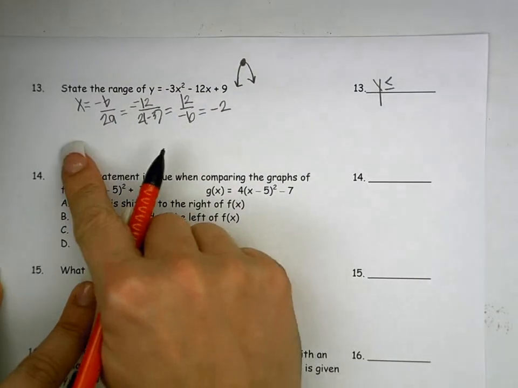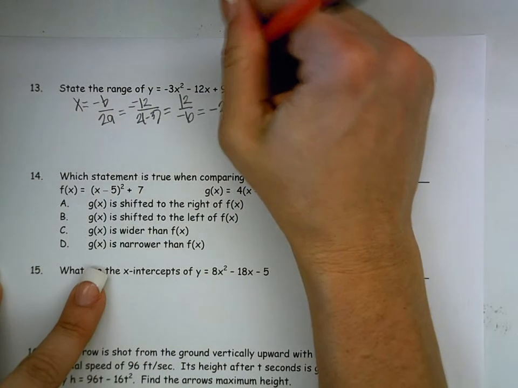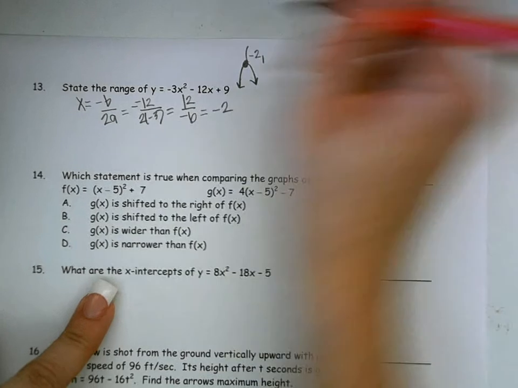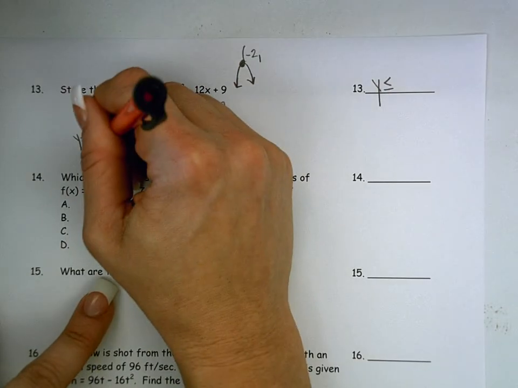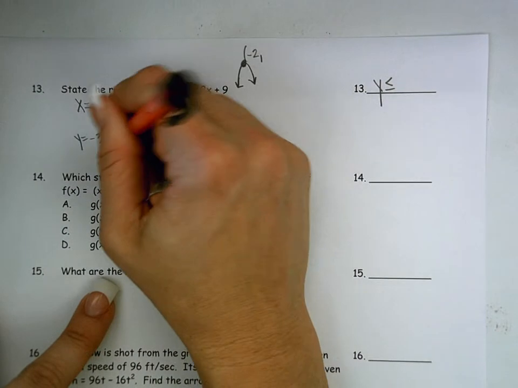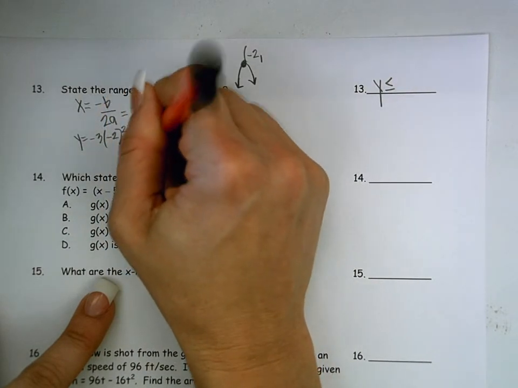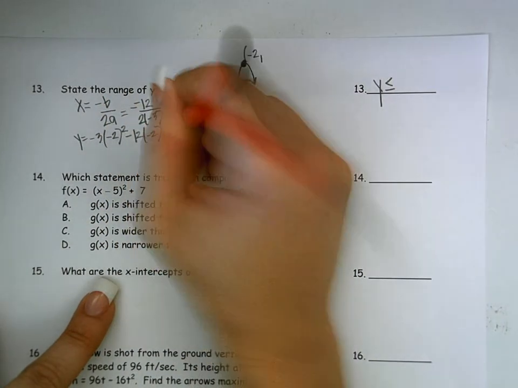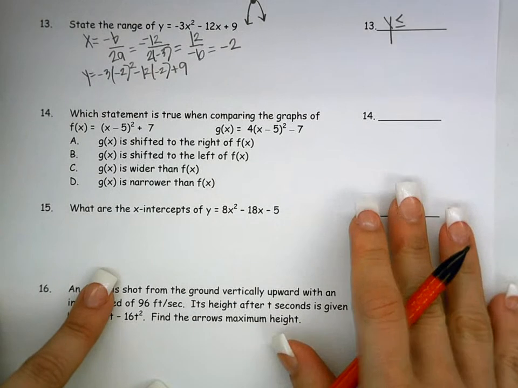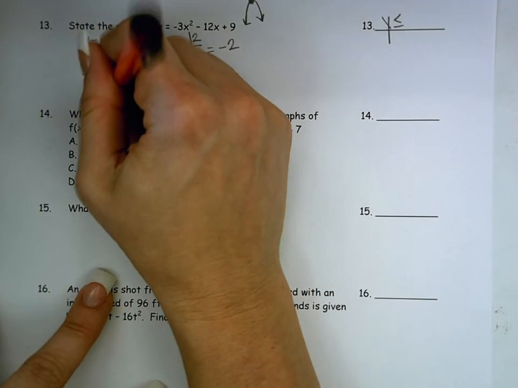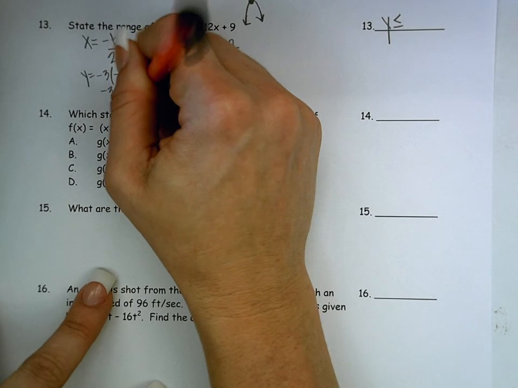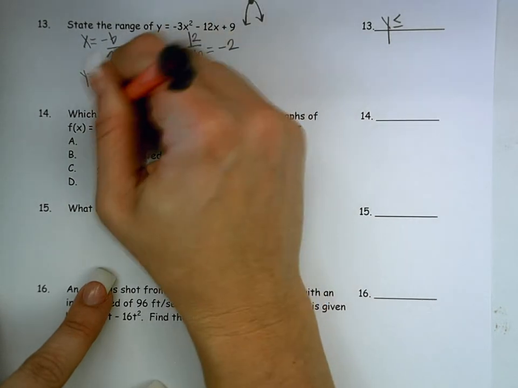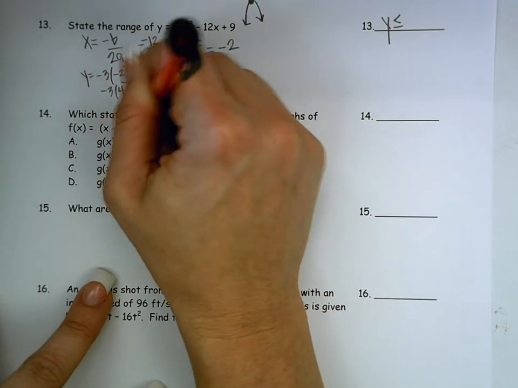We do, however, need to find the y value. So negative 2, comma, if you plug back in, we got y equals negative 3 times negative 2 squared minus 12 times negative 2 plus 9. If we work that out, we're going to get negative 3 times 4, negative 12, plus 24 plus 9.